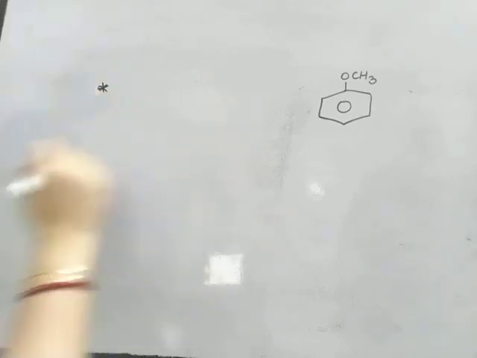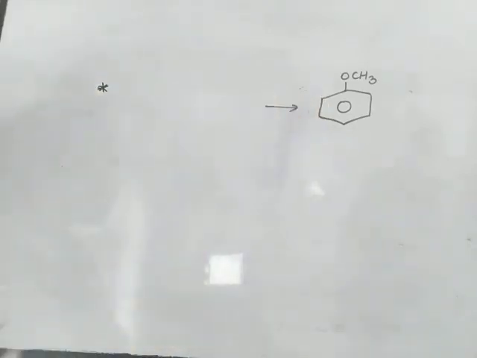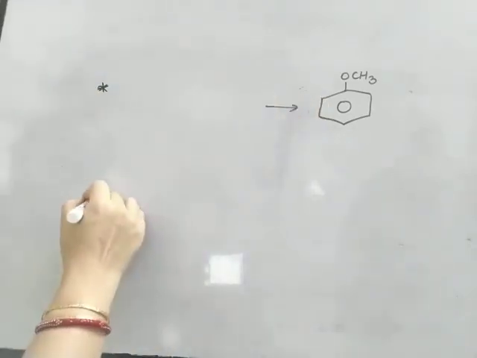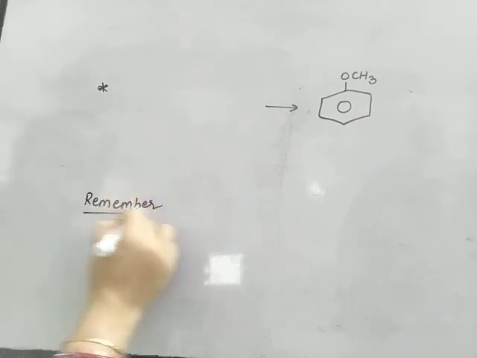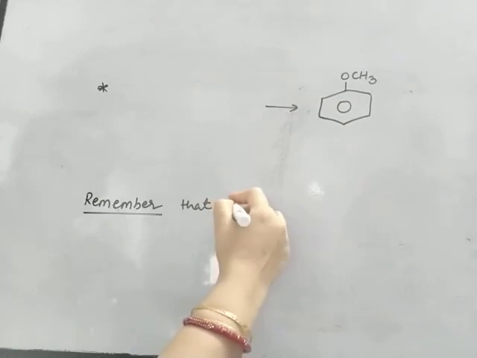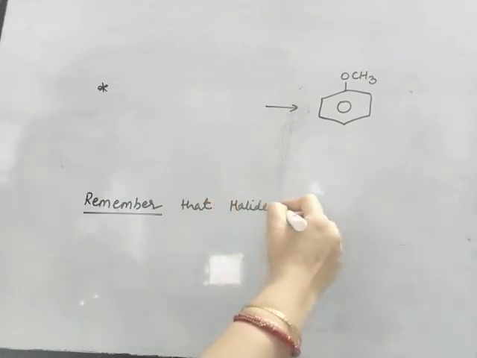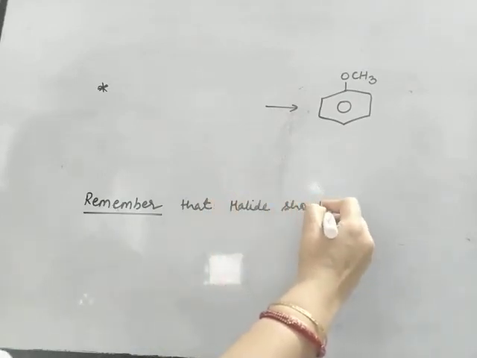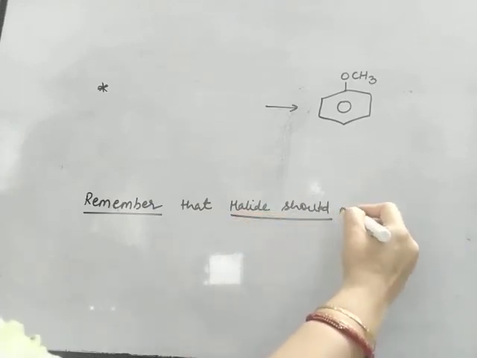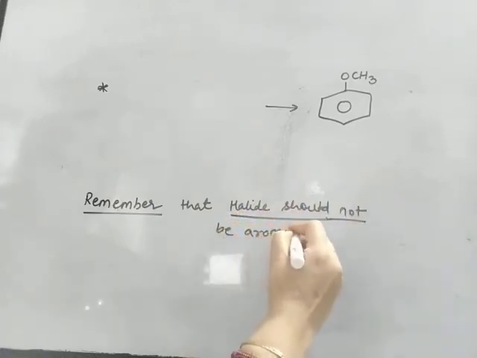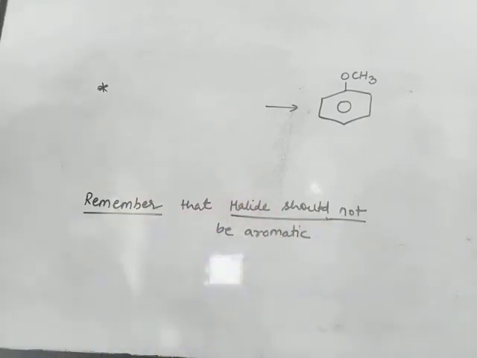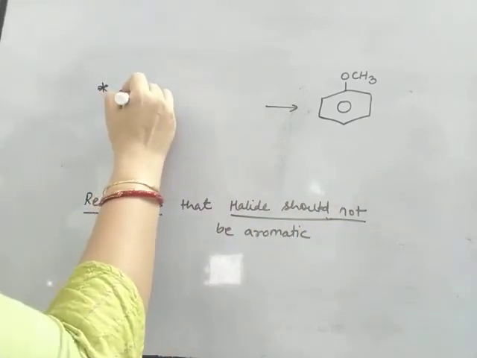Now again a special case. Suppose I want to prepare an aromatic ether, so again I have to remember that the halide should not be aromatic. So in this case your reaction should be like this.